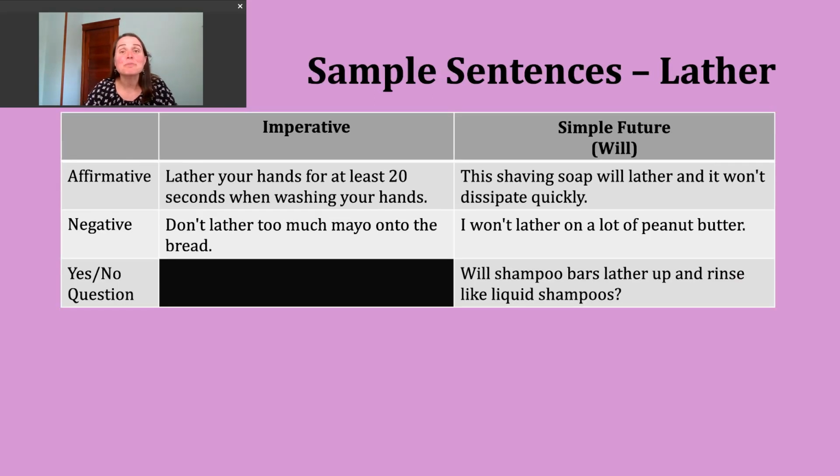Now let's continue practicing our verb of the day. Today we'll practice our verb in the imperative and in the simple future. Let's start with the imperative. The imperative is another way to say a command. We're telling another person or group of people to do or not do a particular action.